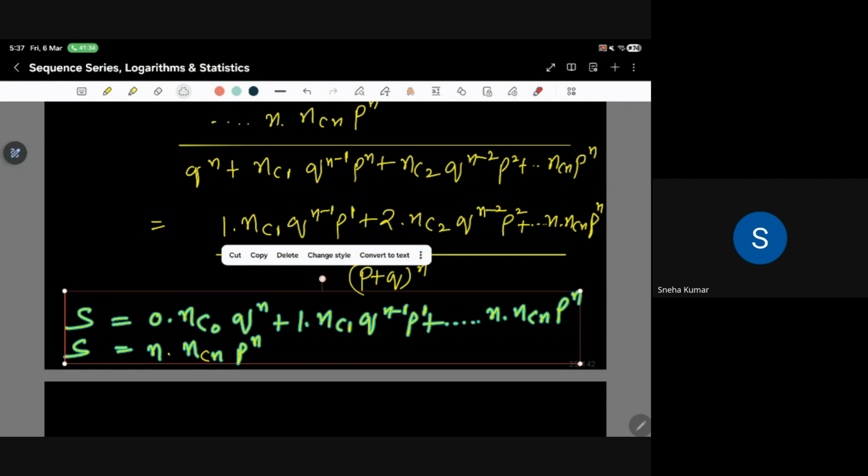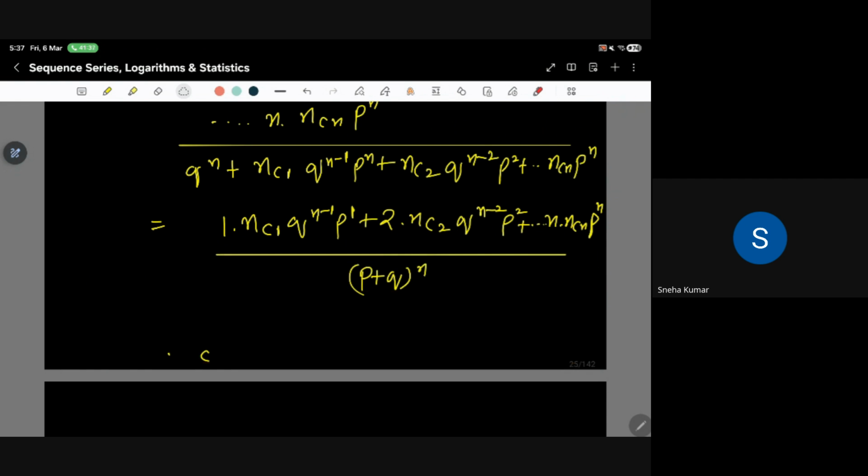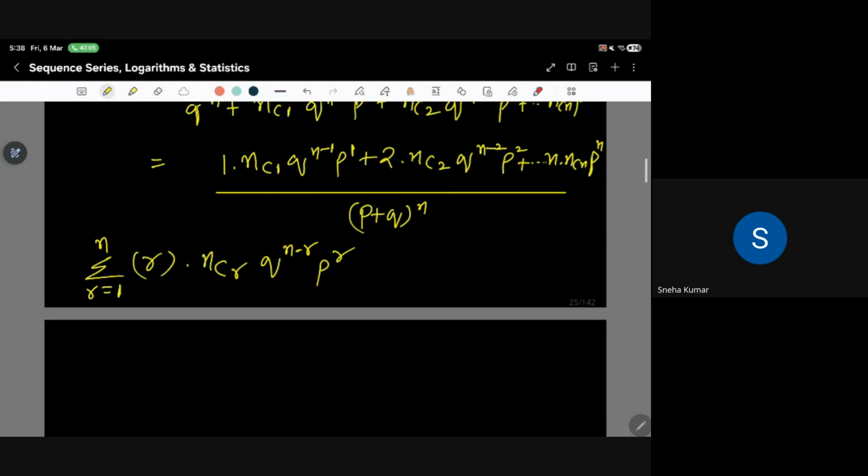Okay, so what we can do next is let's generalize this thing. We can write summation r equals 1 to n, r into nCr q to the power n minus r p to the power r; r is 1, if r is 2, like this. Now, the main thing creating the problem is this r.